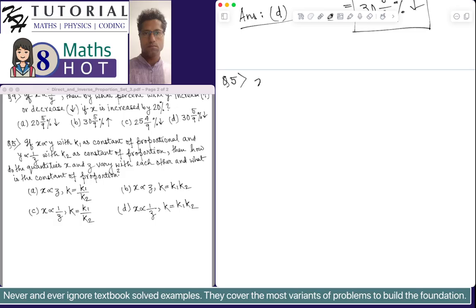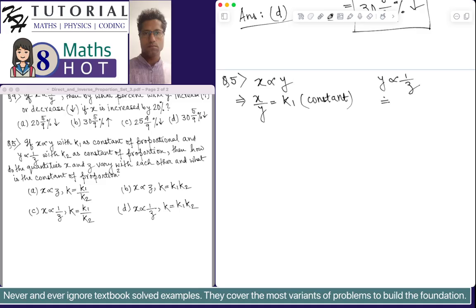Okay, so we are given x varies directly with y, or x and y are in direct variation, with the constant of proportion being k1. So this implies that the ratio x by y is equal to k1. Also, it is given that the quantity y varies inversely with the quantity z, with the constant of proportion k2.